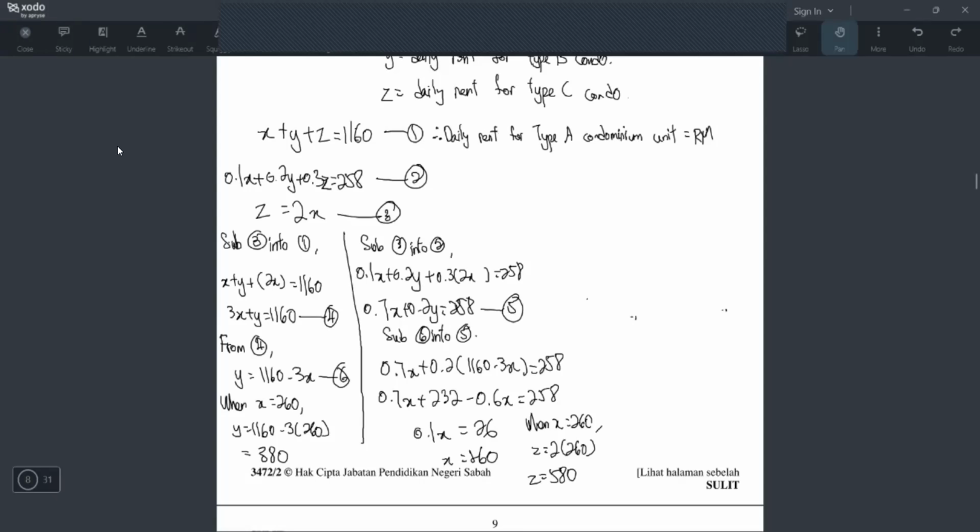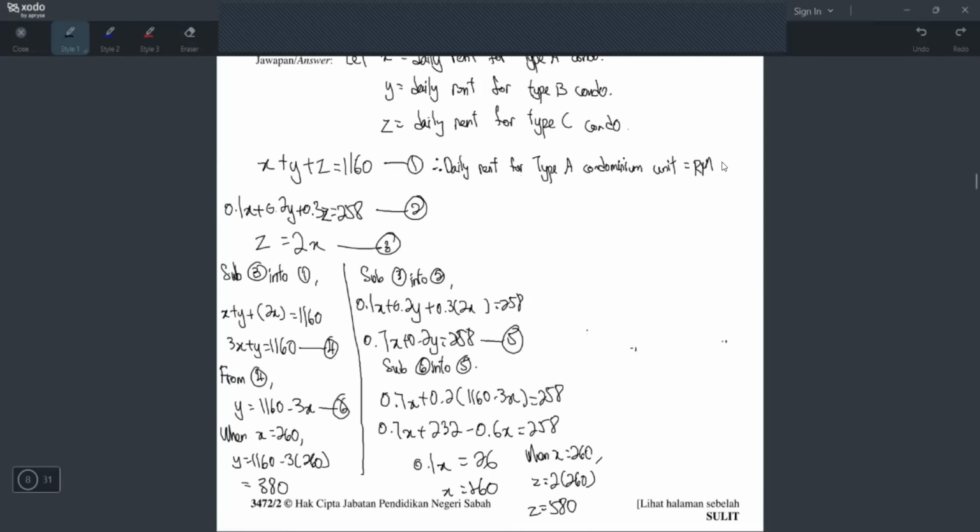Okay, for type A is x. What is my x? 260. Okay, right, 260. And then comma, daily rent for type B.